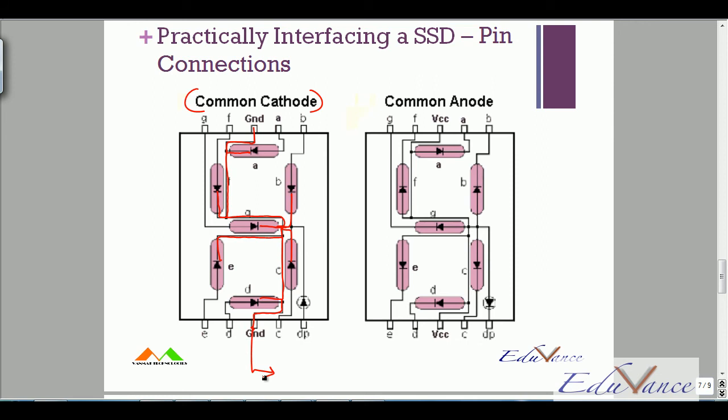You can choose either to connect this or both actually, but just one of them would suffice. Similarly, for a common anode, you see that all the anodes have been shorted just like this. But please understand that your anode terminals have to be connected to VCC or VDD, which would be logic high. This would be logic 0. I hope that this is clear.